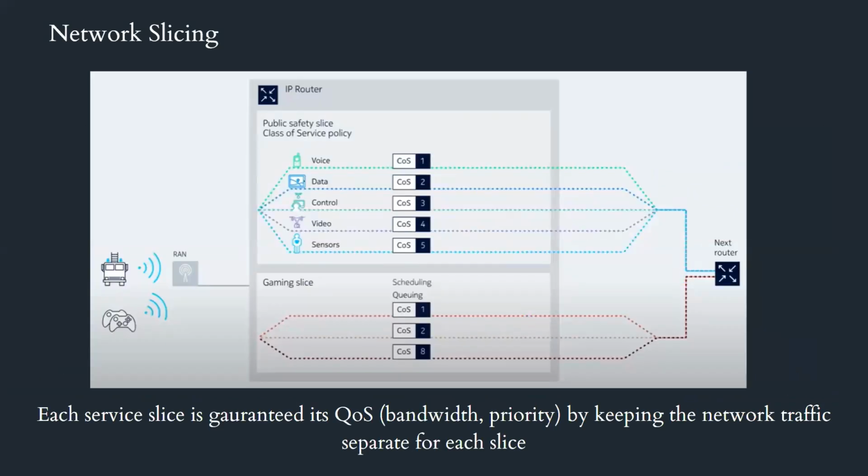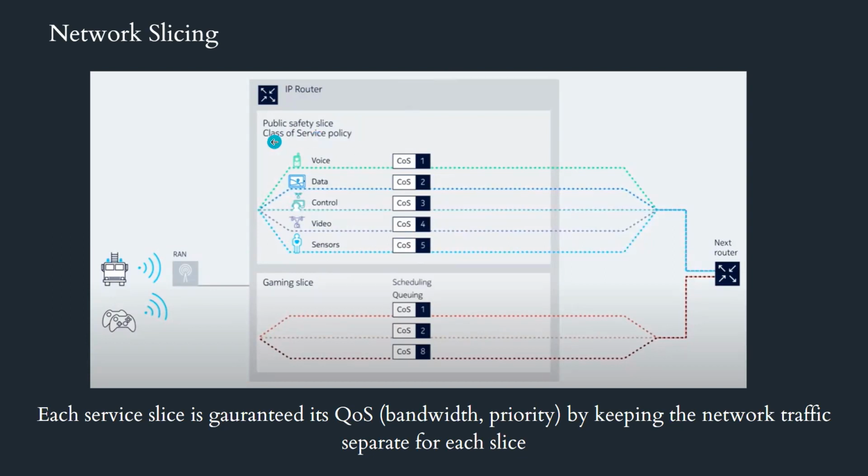When we discuss the slices, as I said, they will be independent of each other. So the slices will be working separately from another slice. Based on the application requirement, the slice will be dedicated for that application.